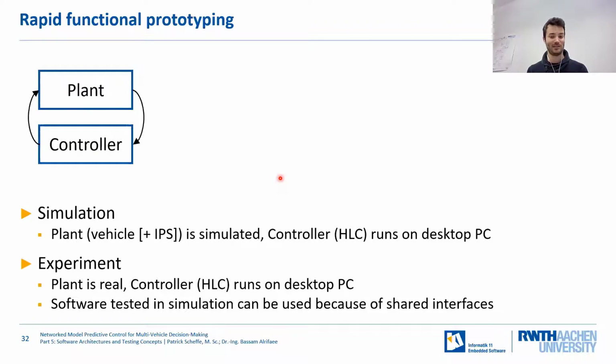Both are simulated, and your controller will run on your own PC, a desktop PC. And apart from that, we have the real lab where we do the experiments. There we have the real plant, the real vehicles, and the controllers, which also run on desktop PCs.